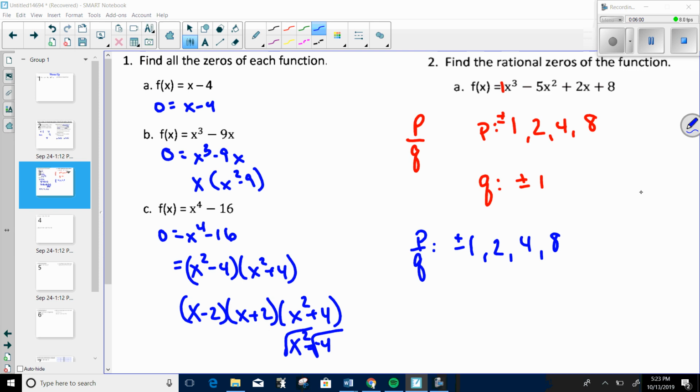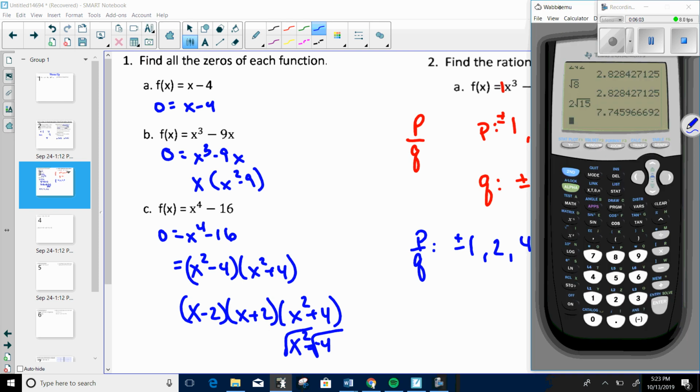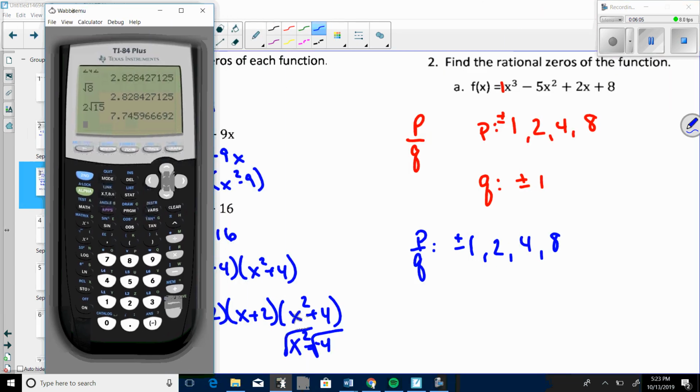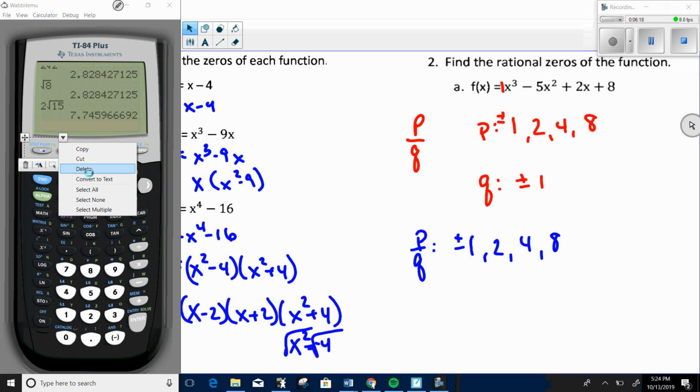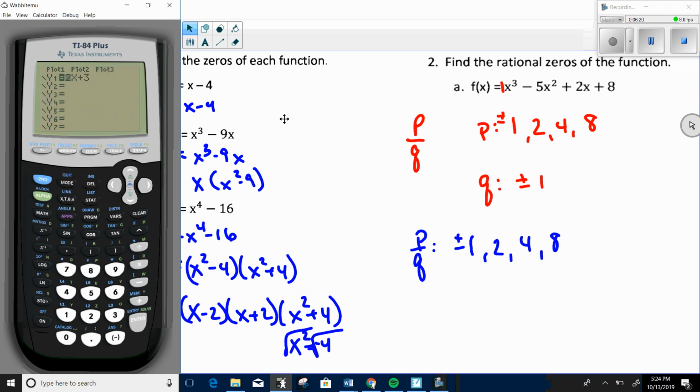Then we're going to use the calculator to make this as easy as possible. Turn your calculator on and go to the y equals screen, and graph this function, f of x equals x cubed minus 5x squared plus 2x plus 8.